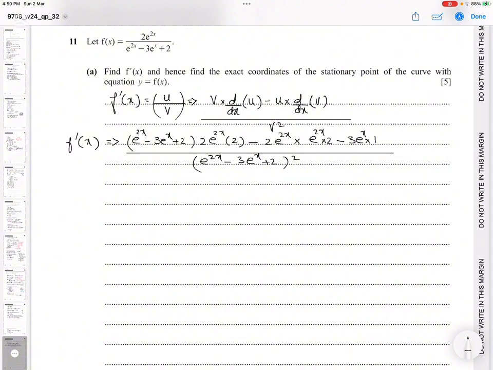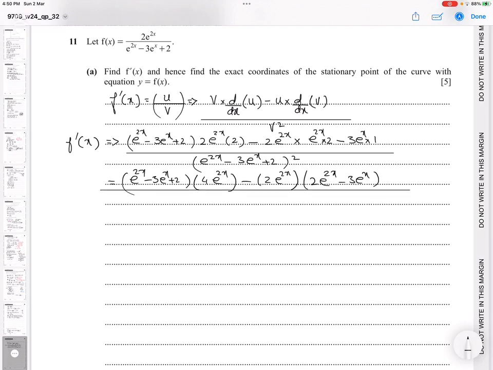So now our simplification starts. (e^(2x) - 3e^x + 2) times 4e^(2x), minus 2e^(2x) times (2e^(2x) - 3e^x), whole over (e^(2x) - 3e^x + 2) whole squared.